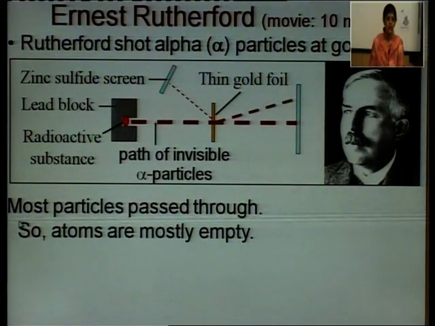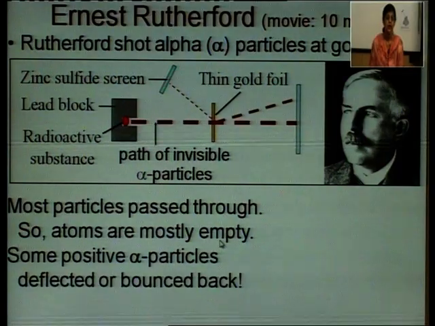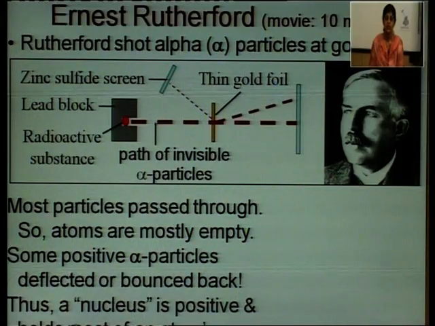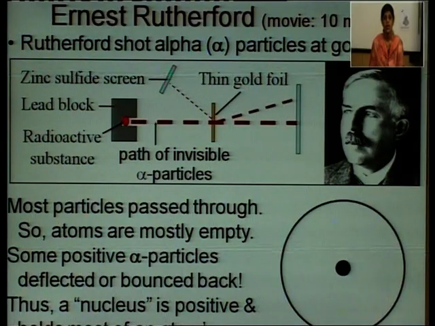So, we see that most particles pass through, so the atom as a whole must be mostly empty. Some positive alpha particles are deflected or bounced back. Thus, the nucleus is positive and holds most of the atom's mass.